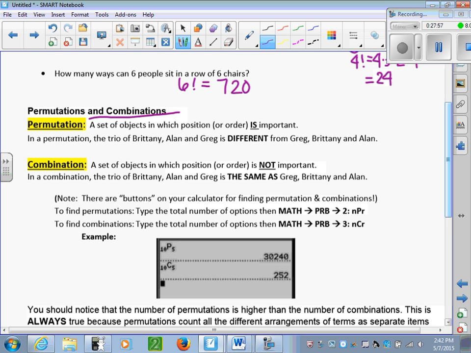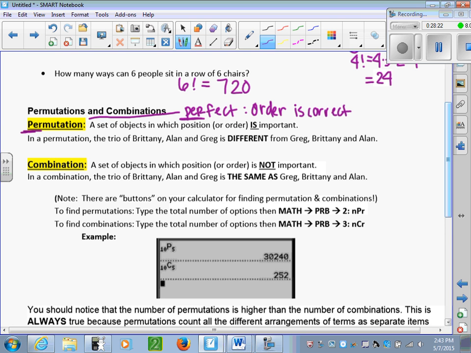I remember permutations are perfect. The only way something can be perfect is if the order is correct. So you want to be perfect if you're a permutation. Order is correct. Order matters.